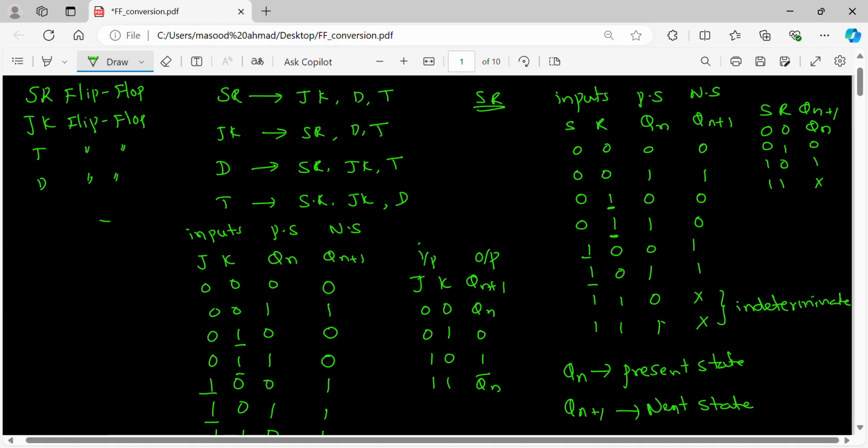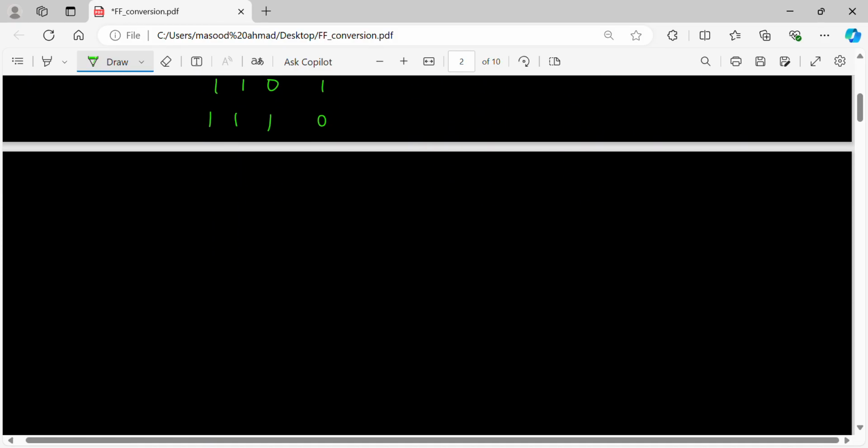Once we know the truth tables for SR and JK, we will look at the truth table for D and T. For a D flip-flop, let's have the input D.